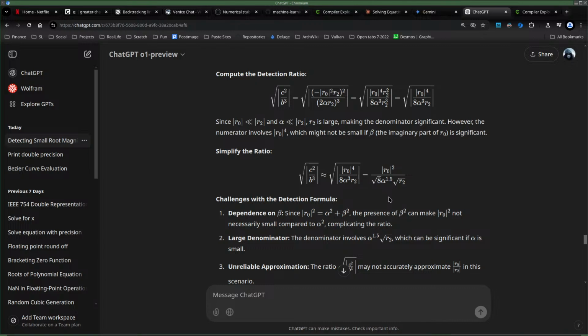Yeah, this is definitely not correct. I think it should be the square root of the absolute value of R2.